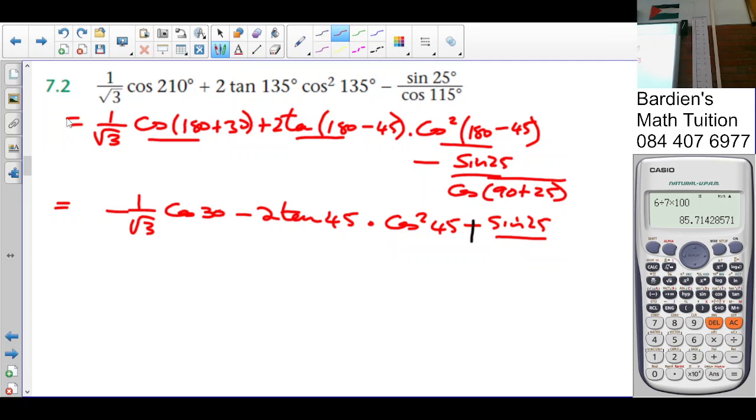Okay, cos is negative in that quadrant. This here, which is negative, will now change to a positive because of sine 25.